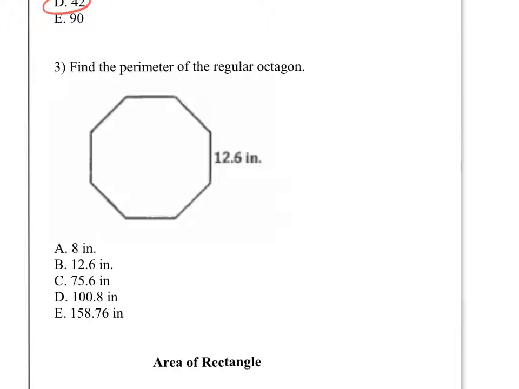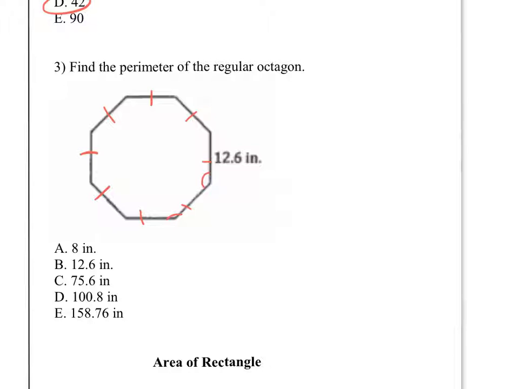This next problem requires your knowledge of what a regular figure is. Find the perimeter of a regular polygon, in this case a regular octagon. Regular means that all these sides are the same length, and it means that all of the angles here have the same measure, which I won't mark all the angles because it's going to make the picture ugly.